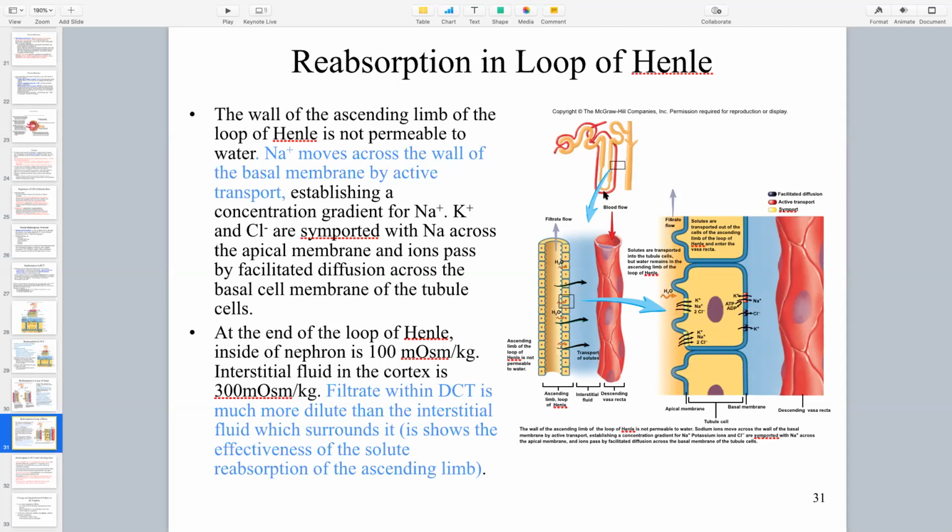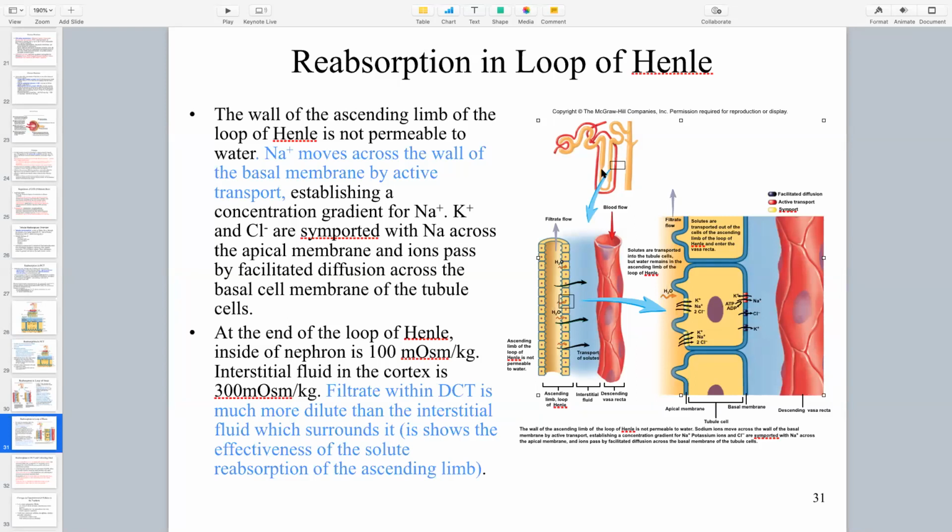It becomes more salty. As it makes a U-turn, the amount of salt in the vasa recta right here is similar to the amount of salt at the U-turn of our nephron loop. So it's very salty. That blood, as it goes up its ascending limb, is incredibly salty. Why is that important? Because it drives water movement.